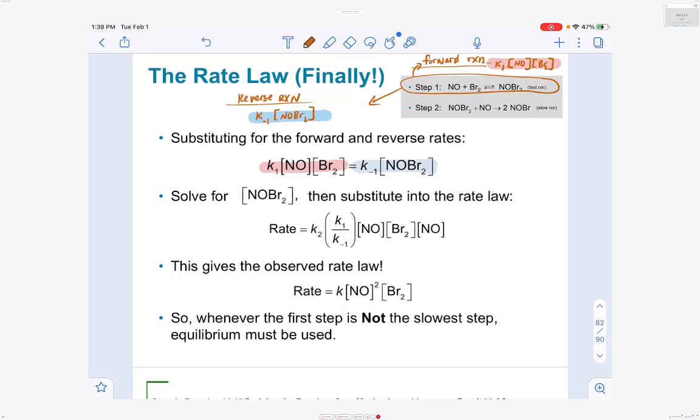Plug this in here, and this in here. This is the rate of the forward reaction equals the rate of the reverse reaction.